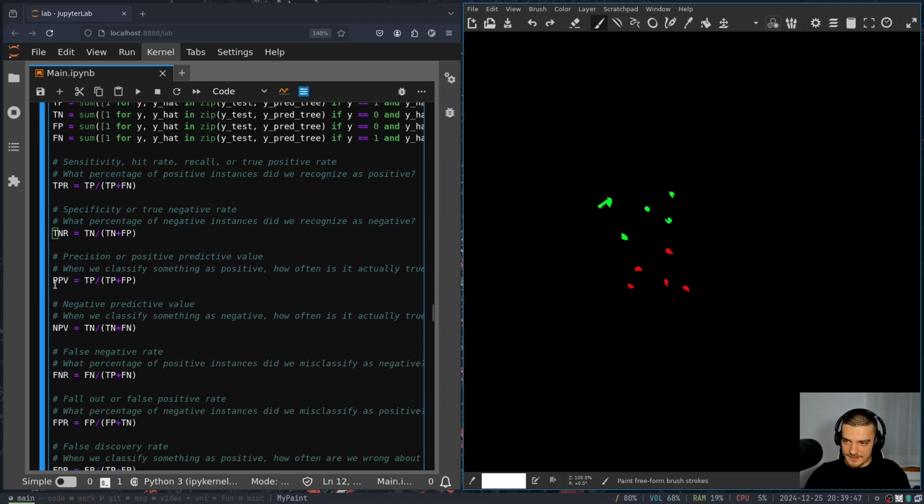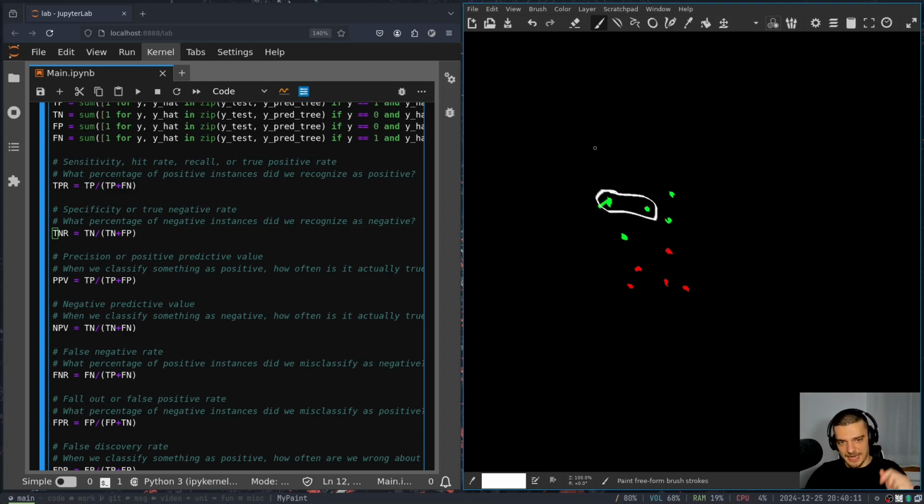Then we also have the PPV, which is the positive predictive value, or the precision. And the precision is, again, what we said. If I classify something as positive, how many times am I correct about this? So if I classify exactly these here as positive, my precision is 100%. If I classify these two as positive and all the rest as negative, my precision is also 100%.